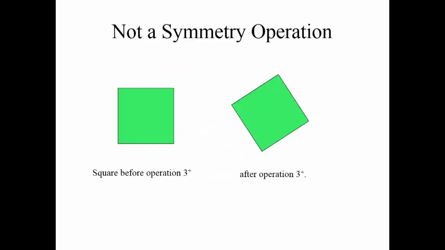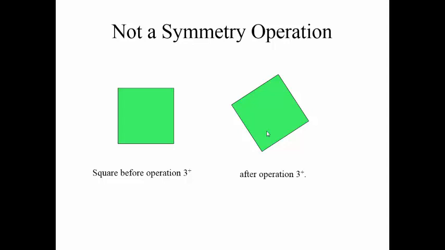Okay, here's an example of something that is not a symmetry operation. Consider the square. Now, if this object is subjected to a 3 plus, it comes out to looking something like this when it's rotated by 120 degrees counterclockwise. And so you certainly can tell the difference.